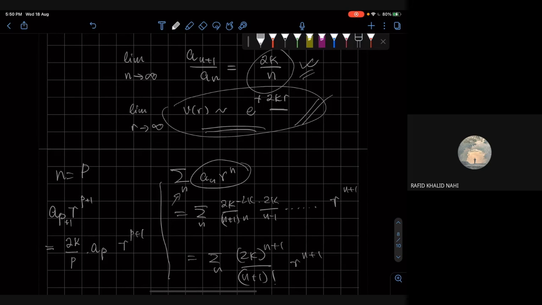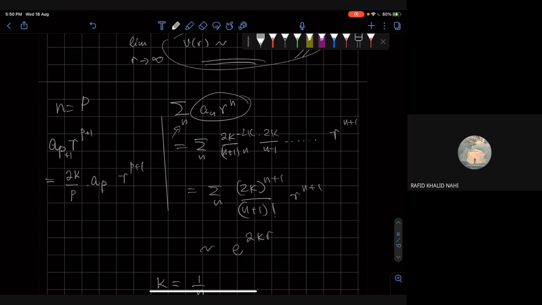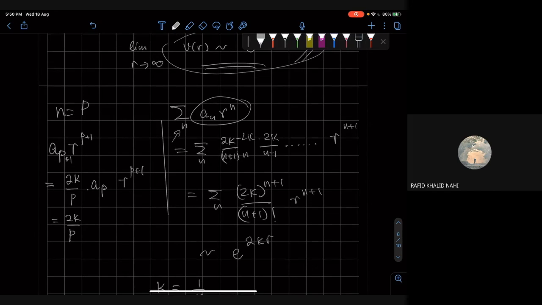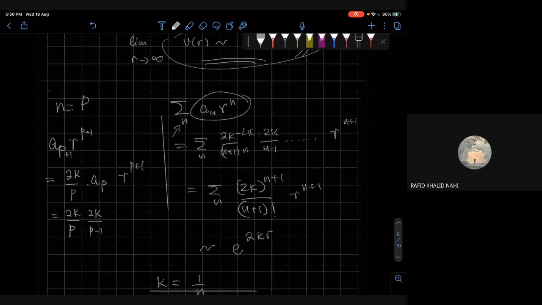Okay, so now I can keep doing this. What is a_p in terms of the smaller one? It's going to be, again, 2k divided by p minus 1 times a_(p-1) r to the power p plus 1.